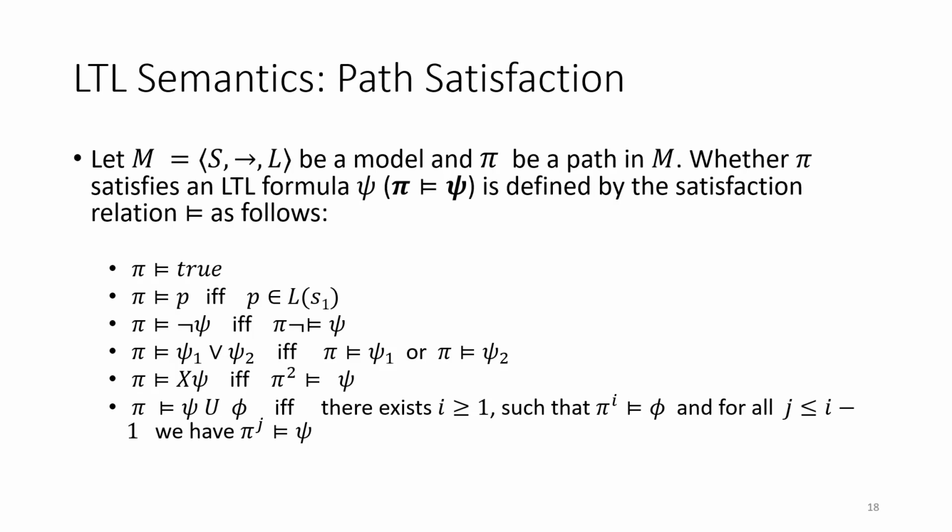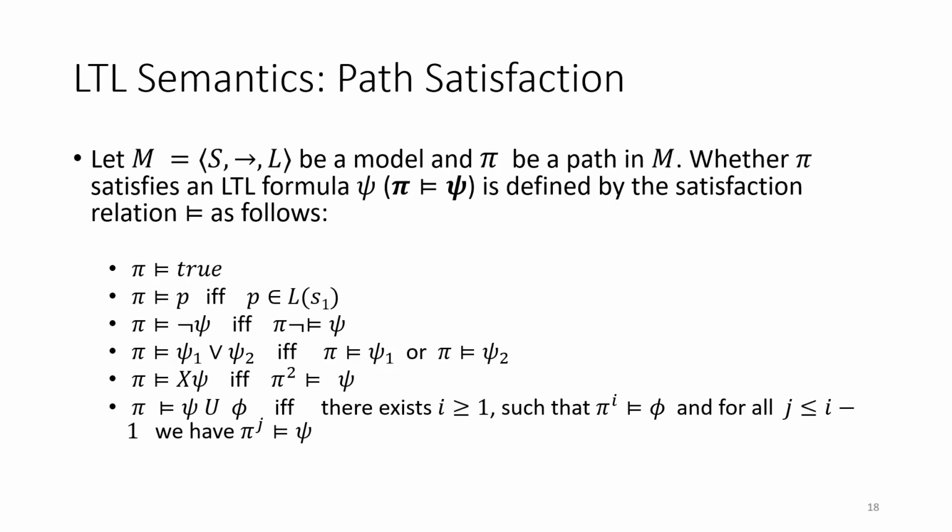Then next. Now this gets a bit more interesting, because now we're actually looking at time. With next and then a formula, we simply check whether the prefix starting only at the second step satisfies that formula.